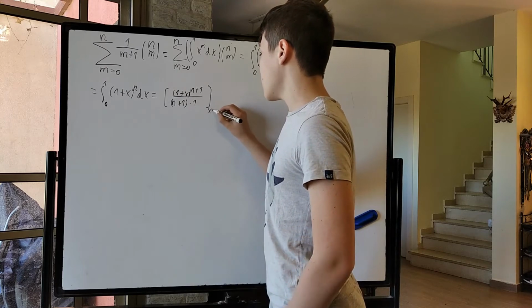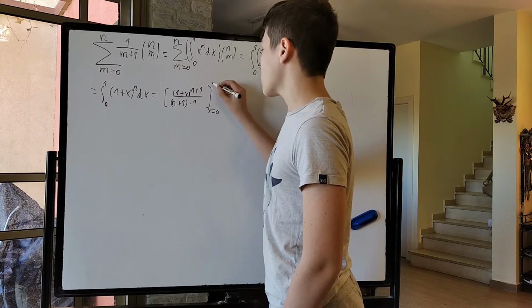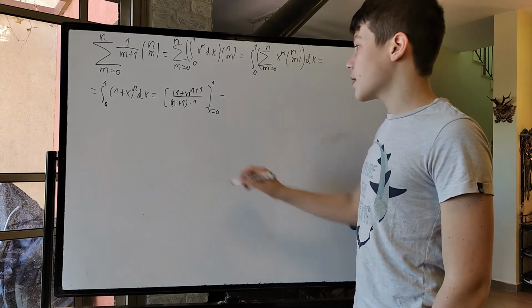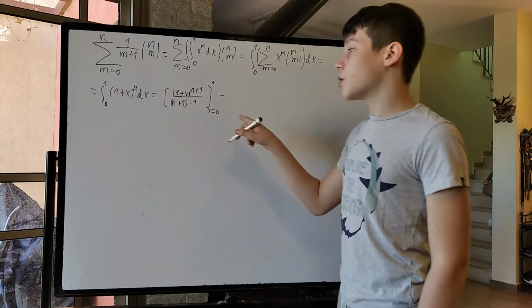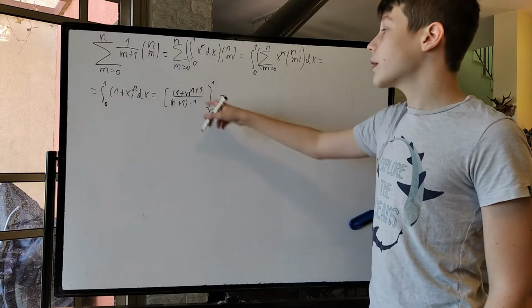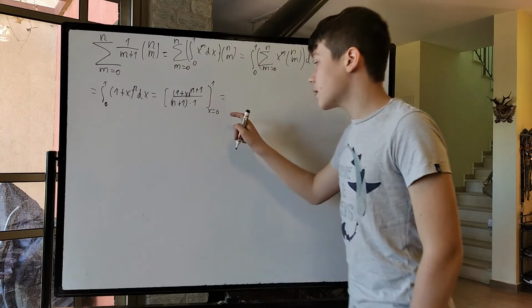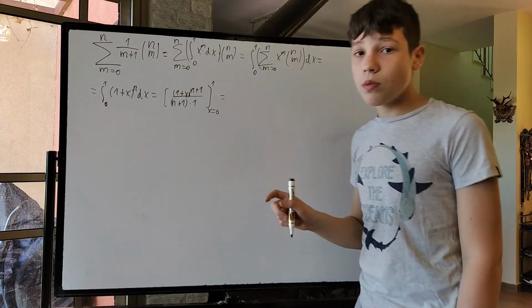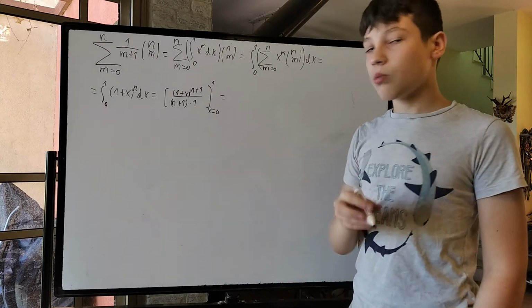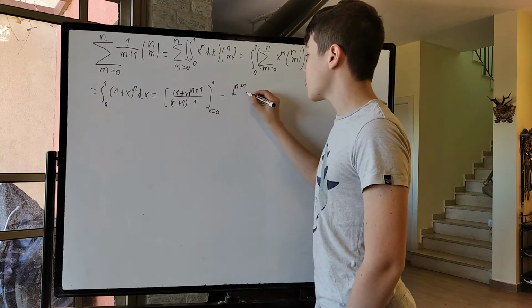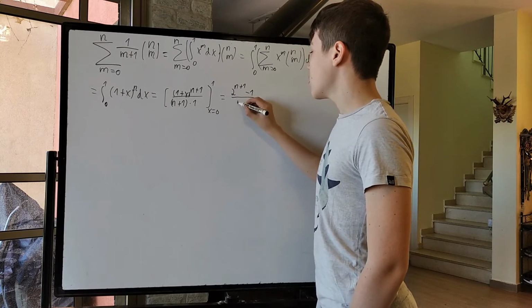And then this goes as x goes from 0 to 1. If we plug in 1, we get 2 to the n plus 1 over n plus 1. If we plug in 0, we get 1 over n plus 1.